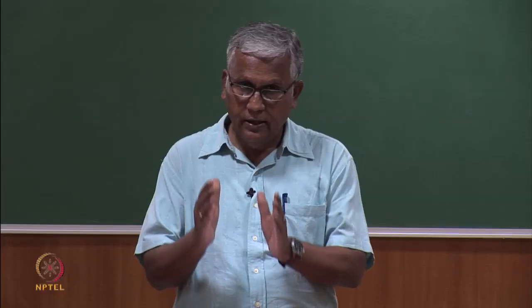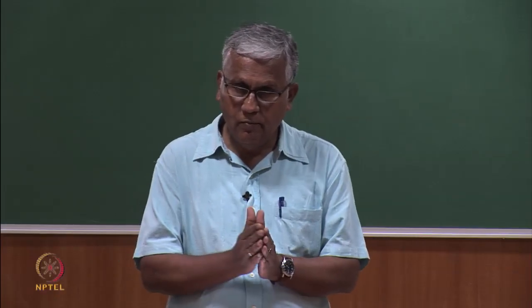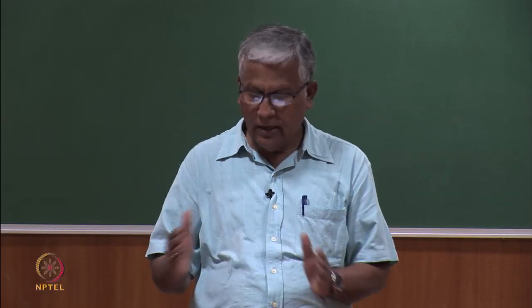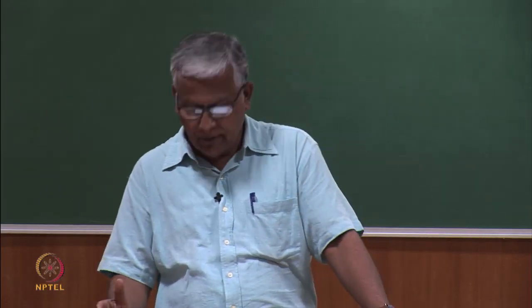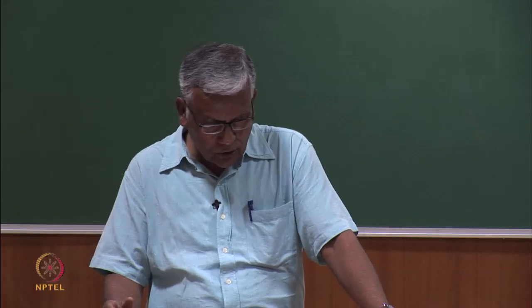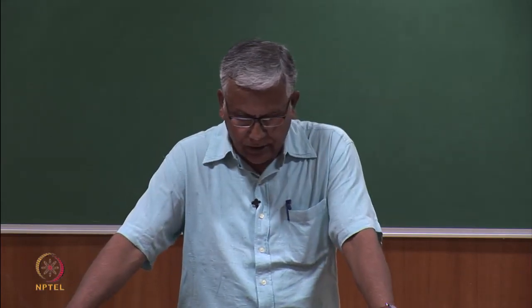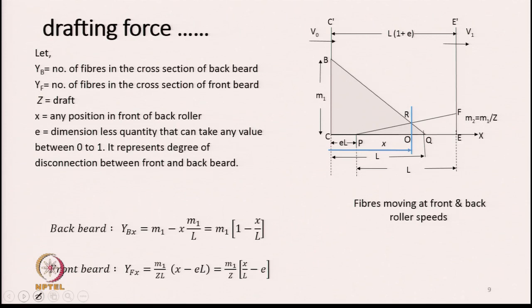Back beard means the fibers held by the back pair of rollers, and front beard is the fibers held by the front pair of rollers. So, YB is the number of fibers in the cross section of the back beard at any cross section, and YF is the number of fibers in the cross section of the front beard, and Z is the draft. X is any location or any position in front of the back rollers.